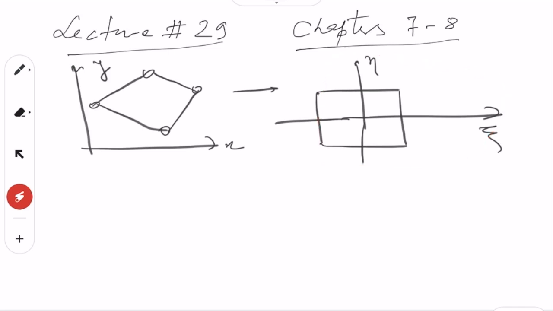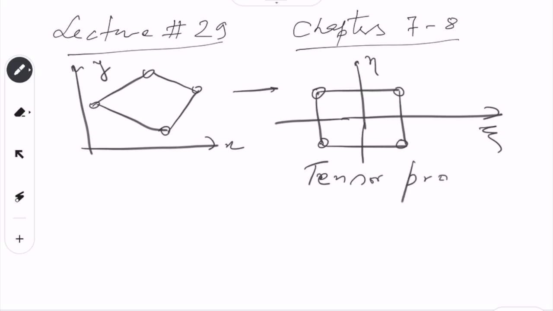Apart from that, you have very simple shape functions in this case. The shape function we have used, for example, is also called the tensor product method.